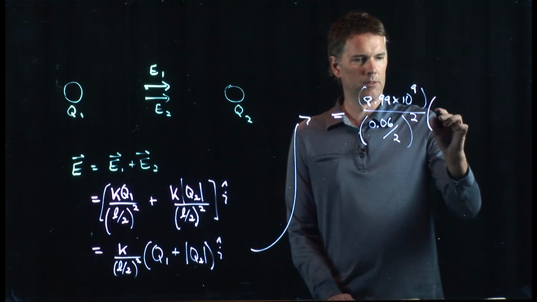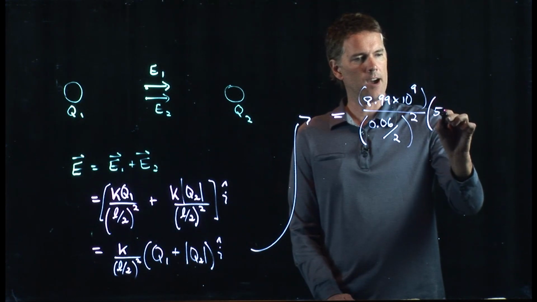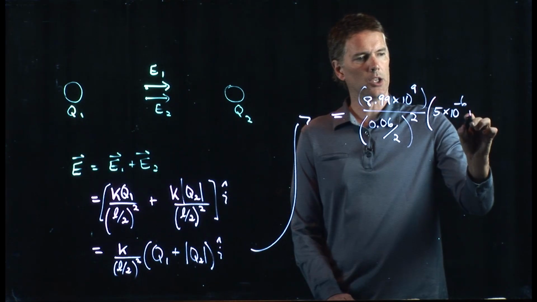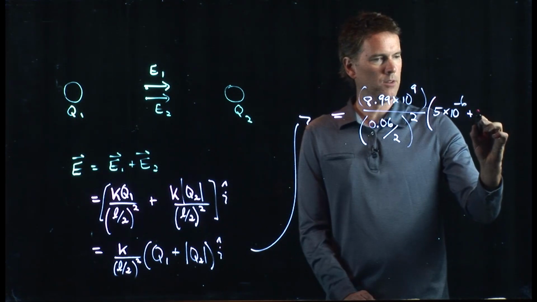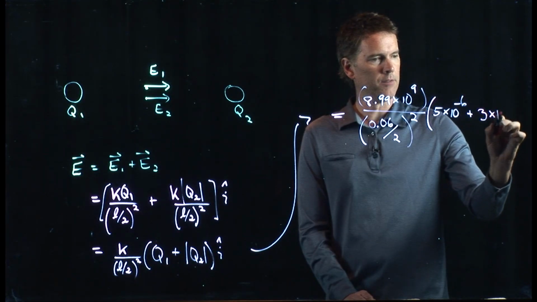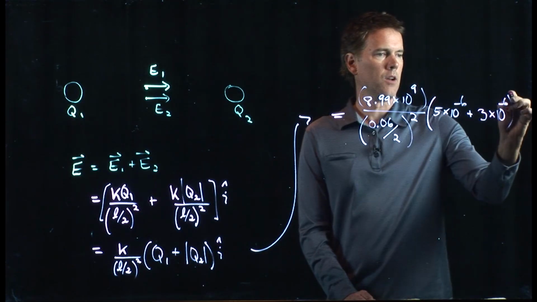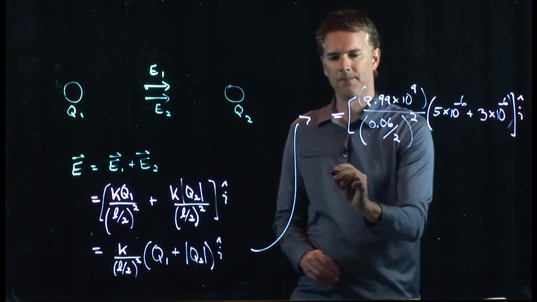Q1 was 5 microcoulombs, so 5 times 10 to the minus 6. And Q2 was -3, but since we're doing the magnitude, it's positive 3 times 10 to the minus 6. And then all of that is still multiplying I hat.